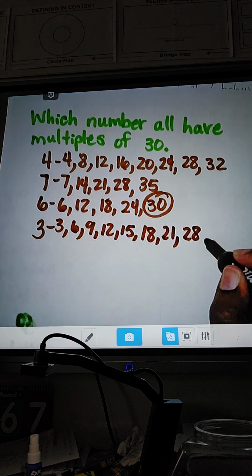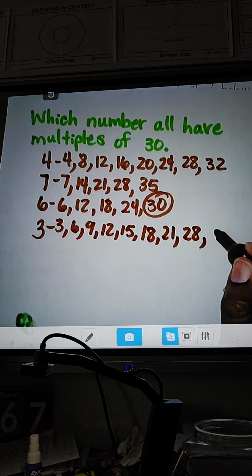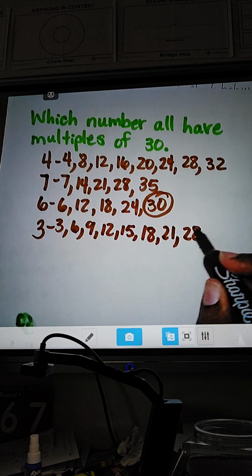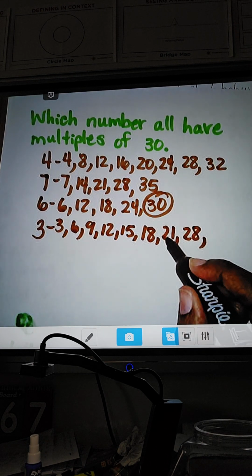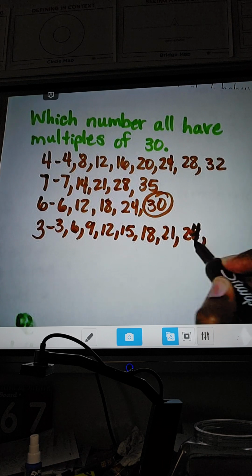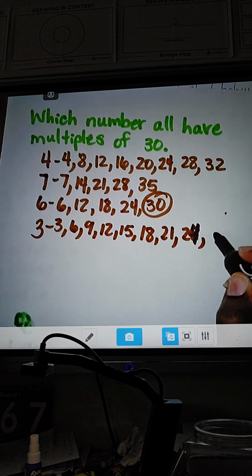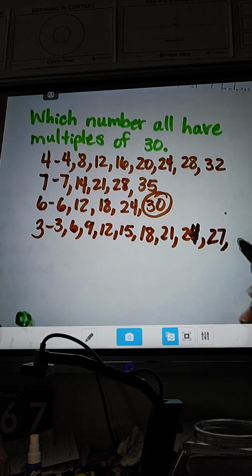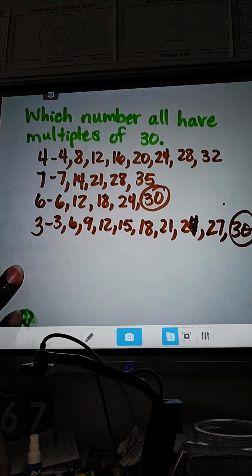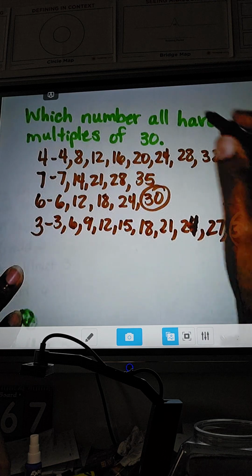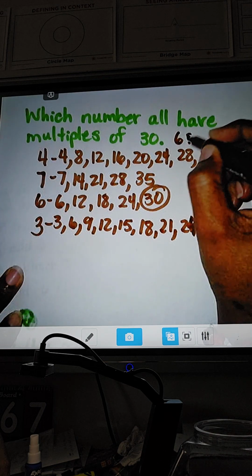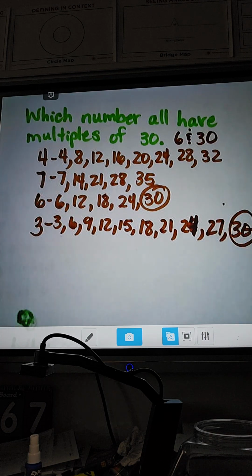Wait a minute. 3 times 8 is 24, y'all. 3 times 9 is 27. 3 times 10 is 30, okay? So I see that the numbers 6 and 3 have multiples of 30, okay?